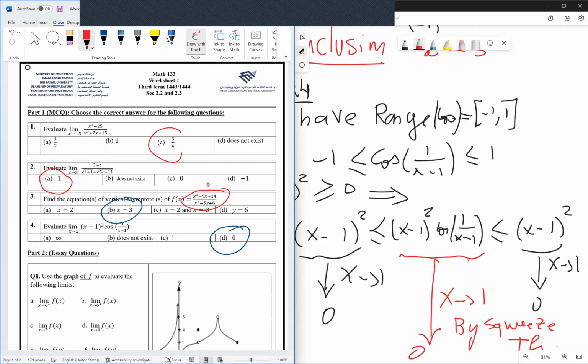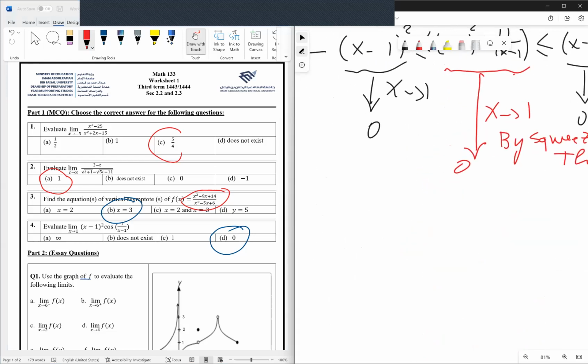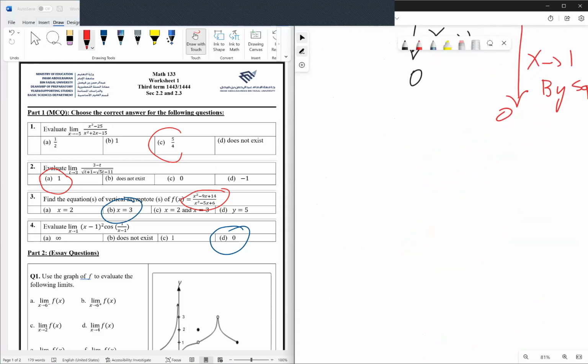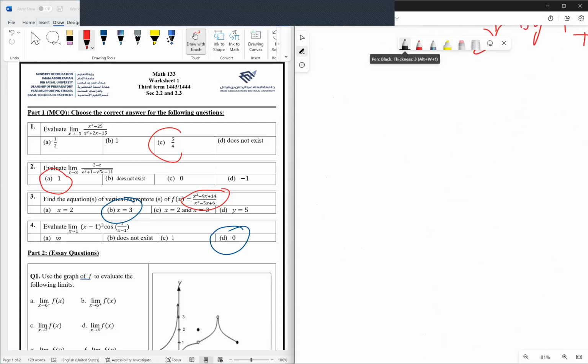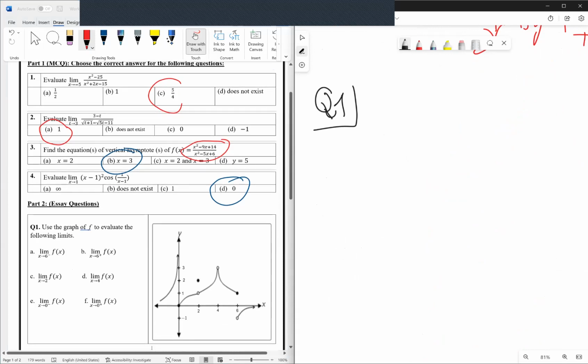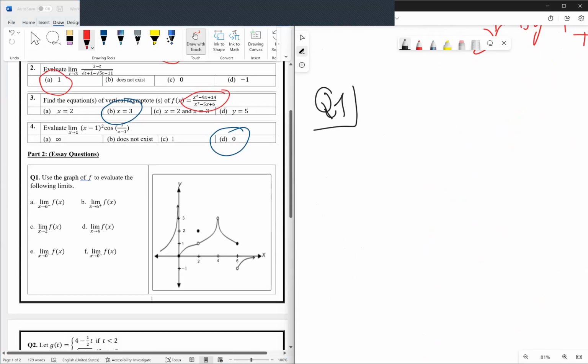Okay, now we can move to the essay part. Question 1 in the essay part. Use the graph to evaluate the following limits.